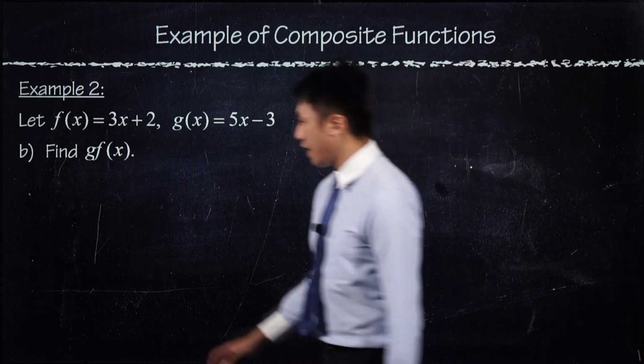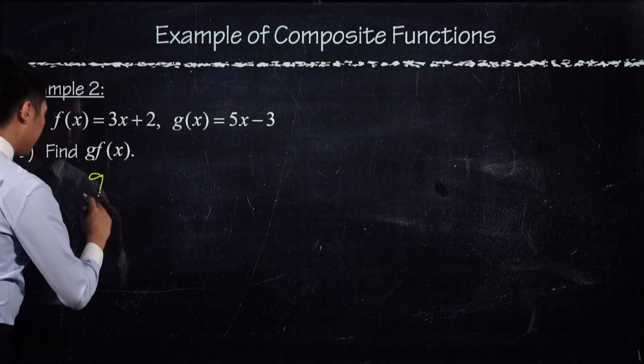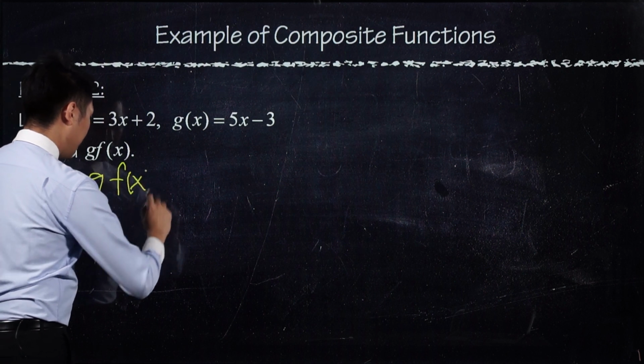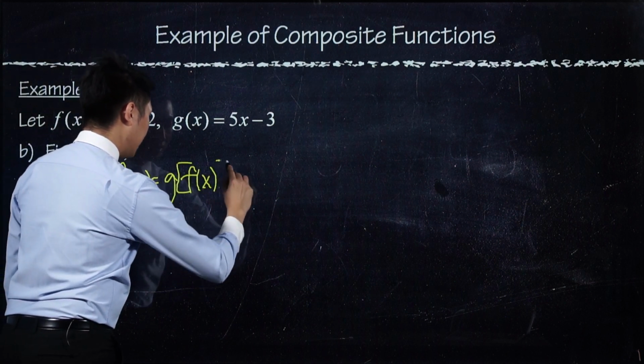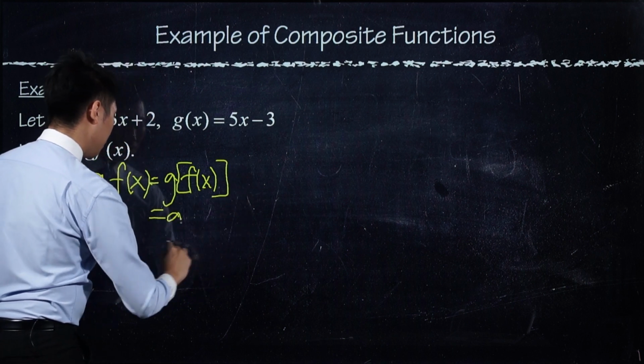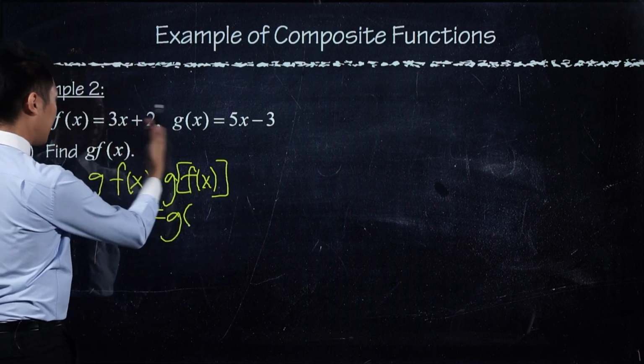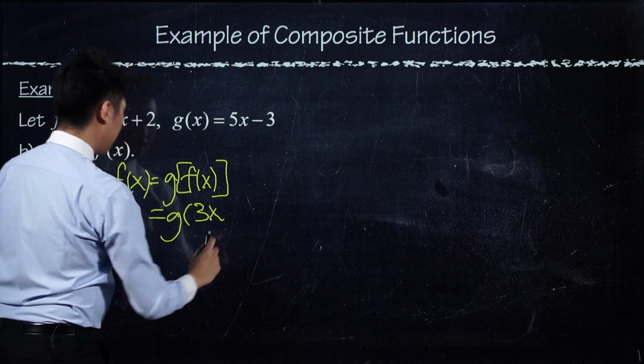Okay, gf(x). Let's do it fast. gf(x) is equal to g[f(x)]. I substitute f(x), so 3x plus 2.